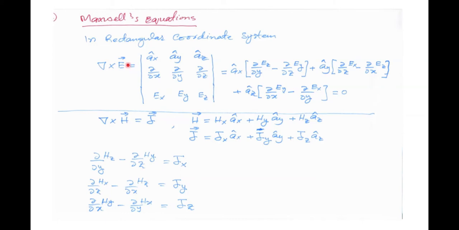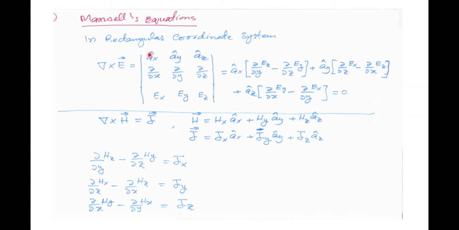Let us assume that we have variation along each axis, along the x-axis, y-axis, and z-axis, and we have three components of electric field along each axis. So how to expand del cross E?